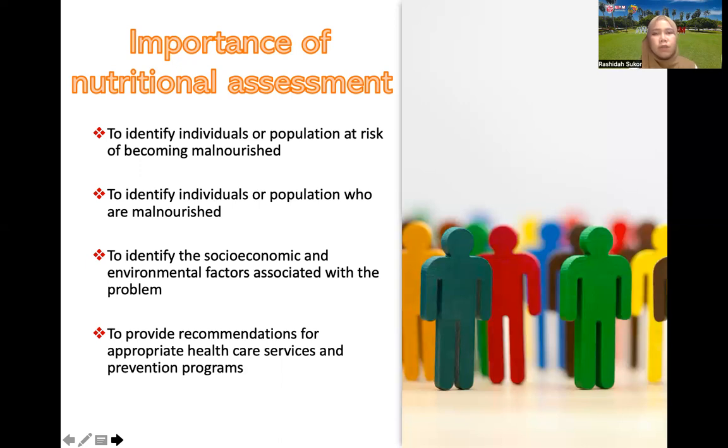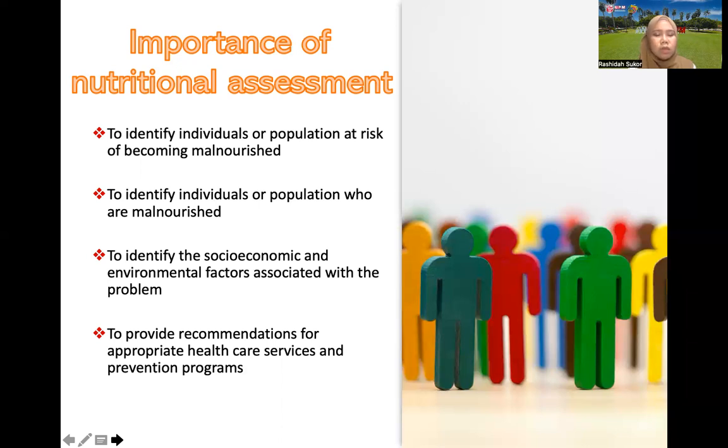Okay, and to identify the socio-economic and environmental factors which are associated with the problem. So when we identify the group of population, normally we are talking about school children, adult males, adult females. In Malaysia, we normally see the B40 groups.